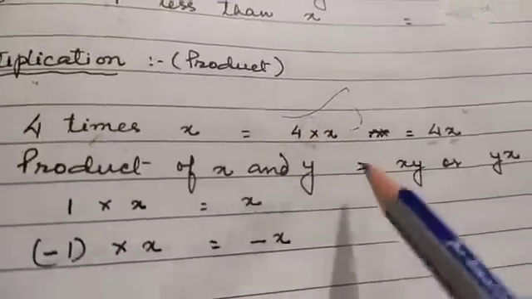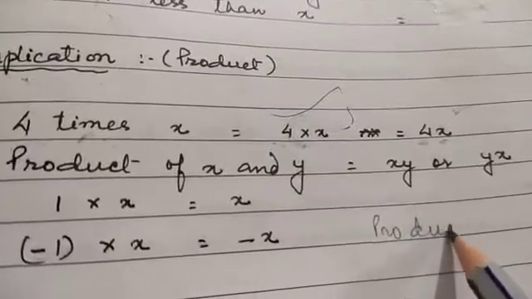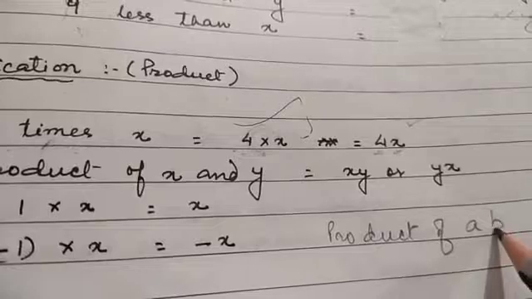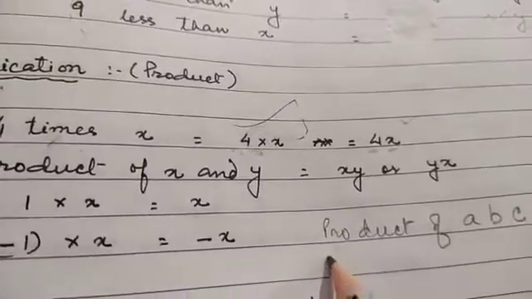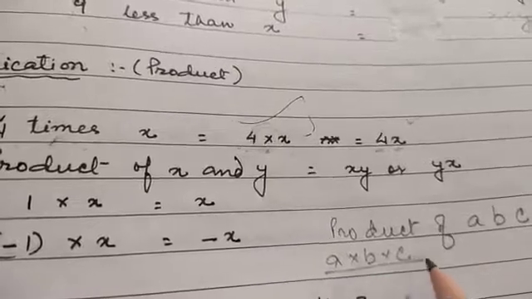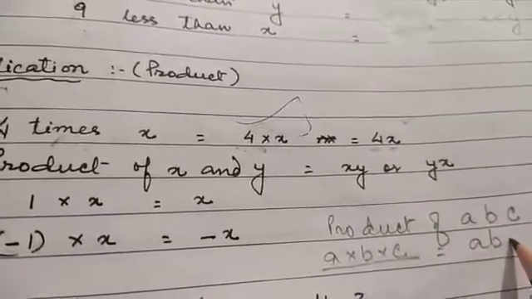If I write product of A, B and C, means what? A into B into C. But then instead of writing A into B into C, we write it as ABC.